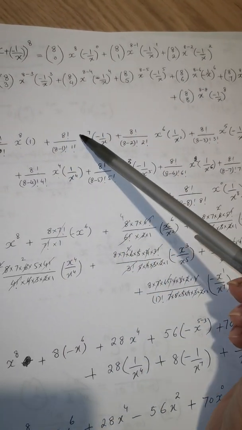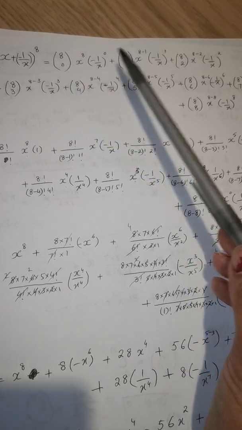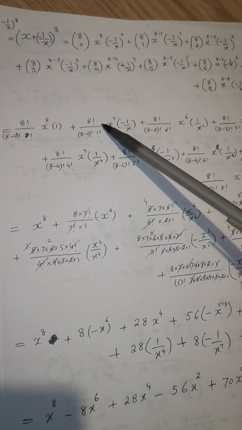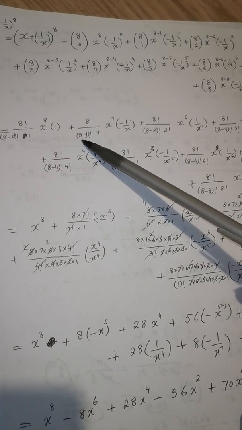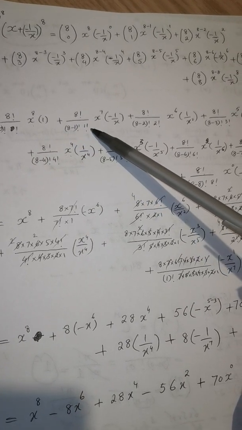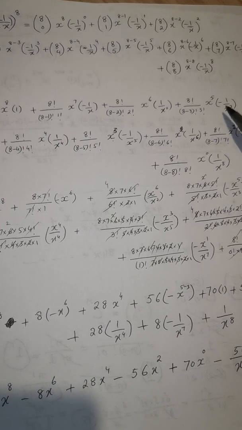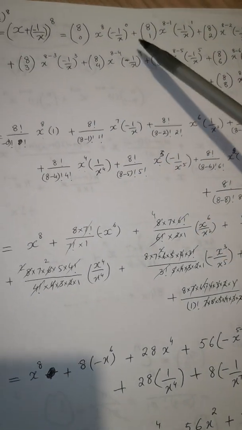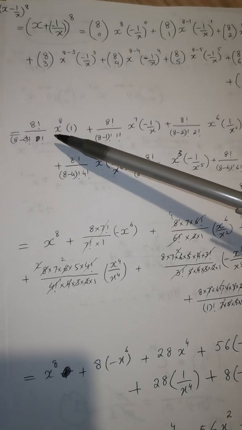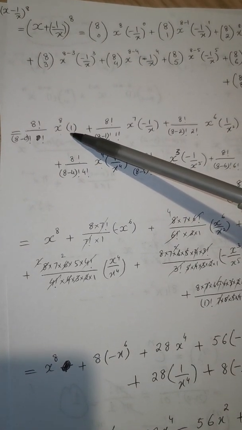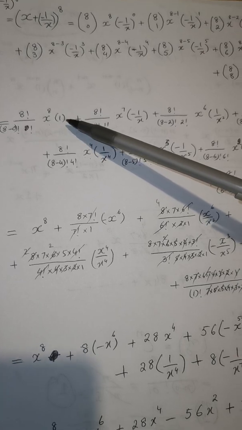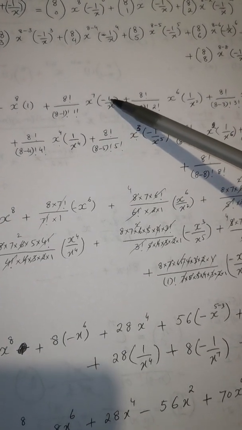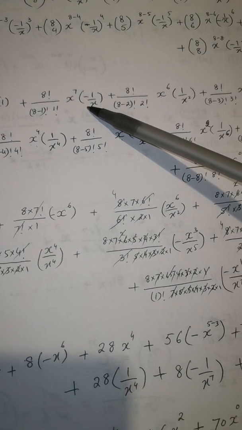In the next step, I am going to solve 8C0, 8C1, 8C2, right? You know about this, 8 factorial over the difference of 8 minus 1, and 1 factorial. I am writing this, and you can see the power of minus 1 over x will be 0. Power is 0, then it will be 1. Power of minus 1 over x is 1, so it will be written with the minus sign.